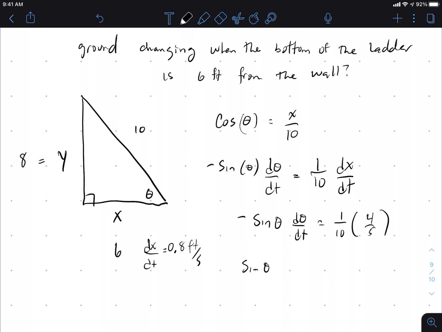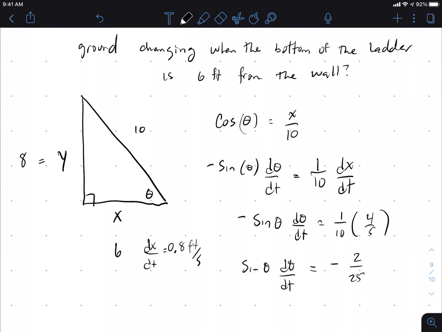Okay, I'm going to move the negative to the other side. So I'll have sine theta d theta/dt is equal to a negative, what is that going to reduce to? 2/25. Agreed? Okay, now what is sine theta of the triangle?